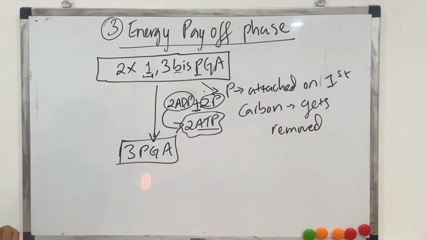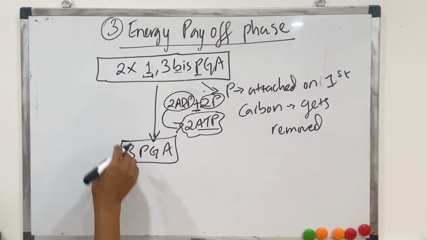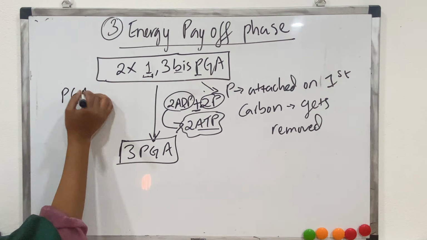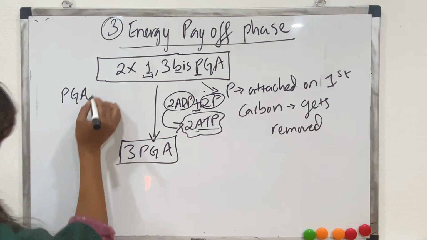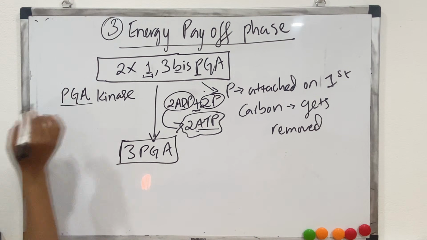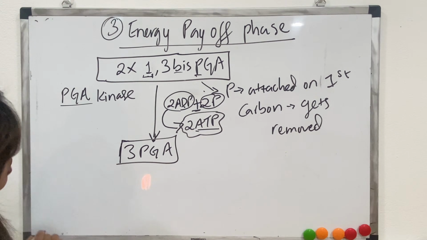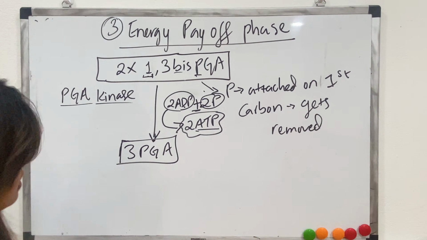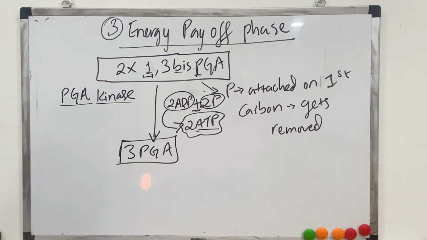And the enzyme that catalyzes the reaction is phosphoglycerate kinase. Use the simple technique to recall the enzyme name. Whenever there is ATP association, the second name will be kinase, and the first name of the enzyme is dedicated to the precursor substrate, which is phosphoglycerate. So therefore, it will be kept as phosphoglycerate kinase.